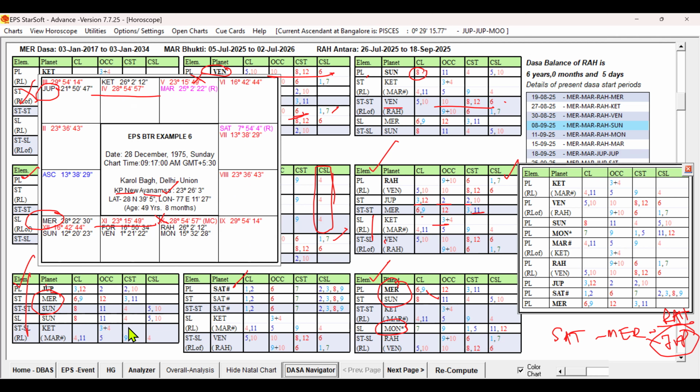Rahu and Jupiter are the better planets after the Mercury Bhukti, right? So when compared to the Mercury, the Rahu and Jupiter have some favorable, but Mercury has got a very good key planet Moon in the sublord. That is the one which is making the Mercury favorable, because Mercury is also CL, ninth lord.